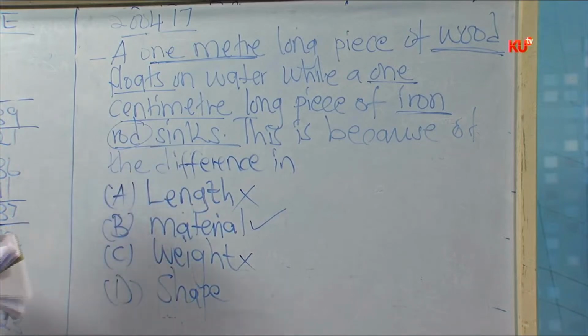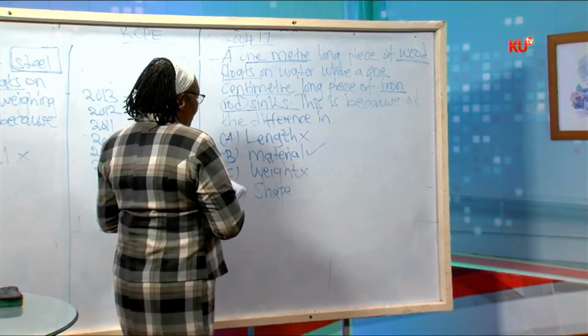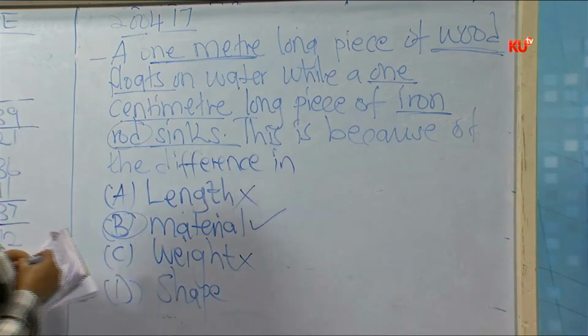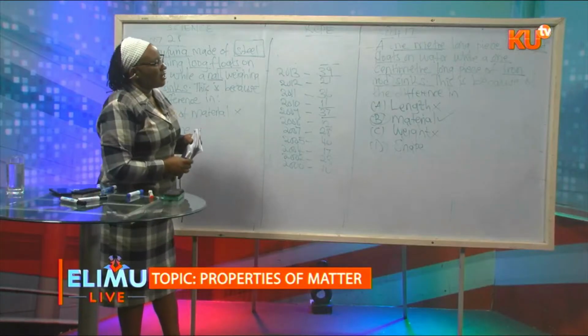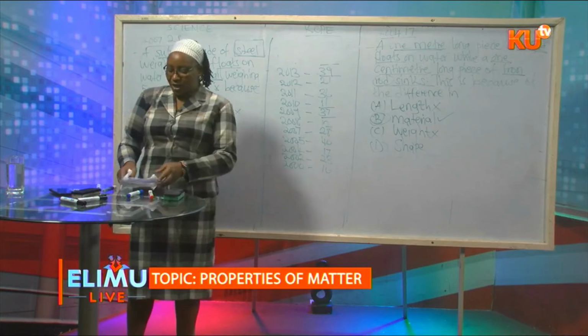The iron rod will not float, it will sink. So the correct answer is choice A, because of their difference in materials. That is why the piece of wood will float, while the iron rod will sink.